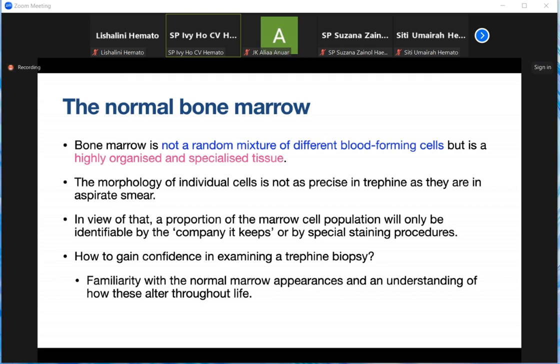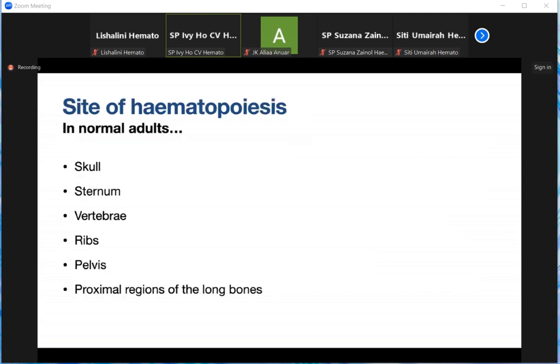Okay, how to be confident in examining a Trephine biopsy, because you might not be seeing a Trephine biopsy very often. It is by, of course, I want to emphasize again, being familiar with the normal marrow appearances, and understanding how this changes throughout life, right?